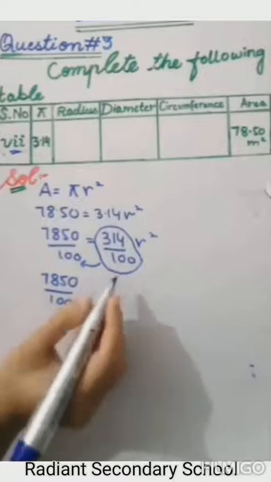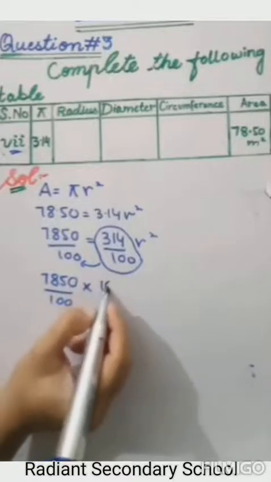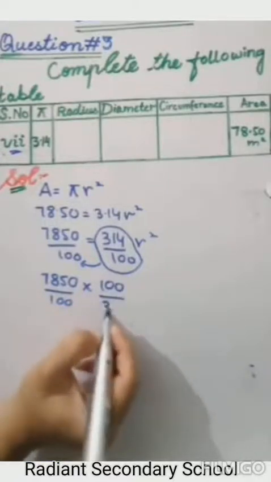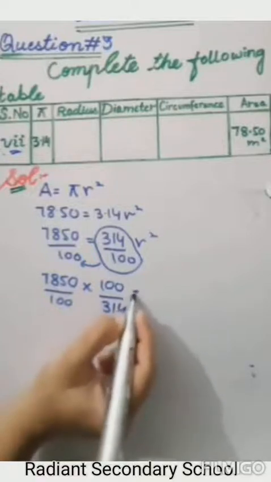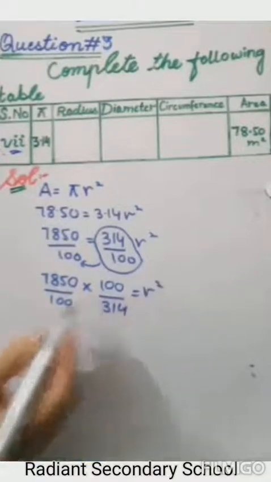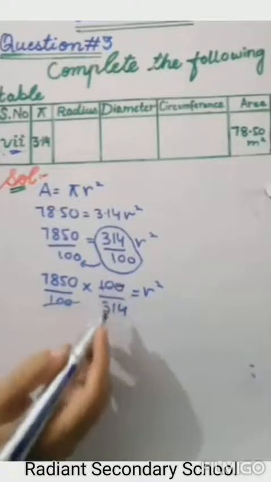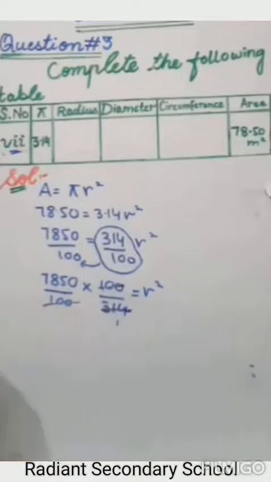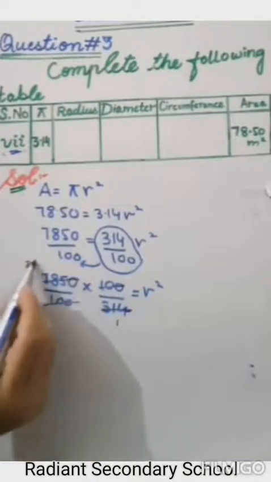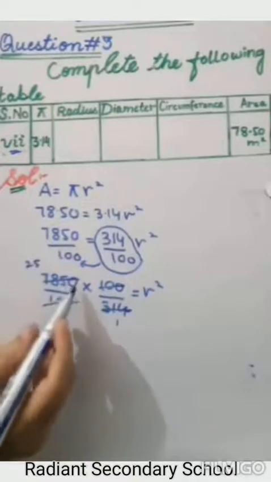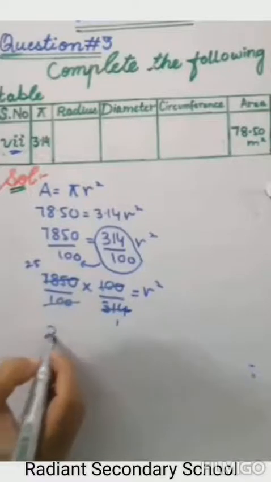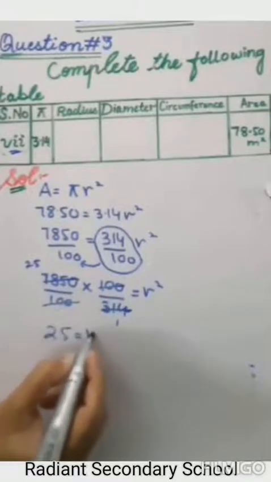It will become reciprocal. Okay, 100 over 314 is equals to r square. Now this 100 can be cut with this one, and 314 ones are 314, 314 25s are 7850. Now 25 is equals to r square.